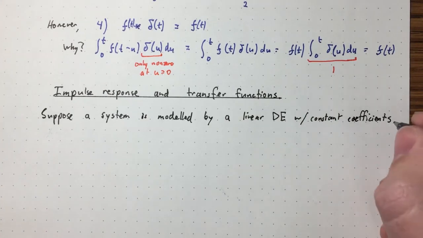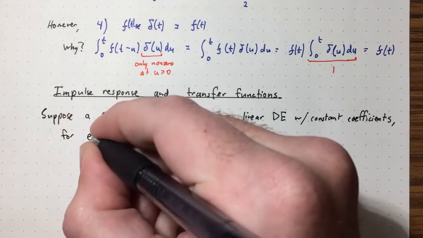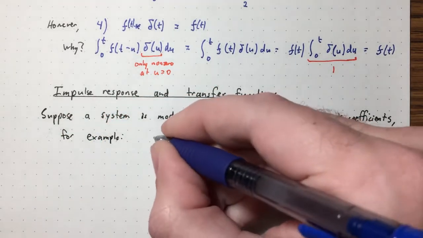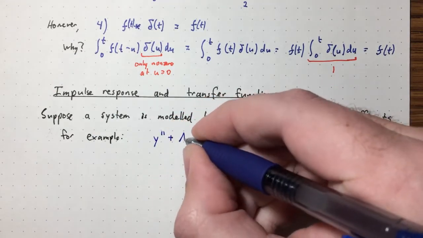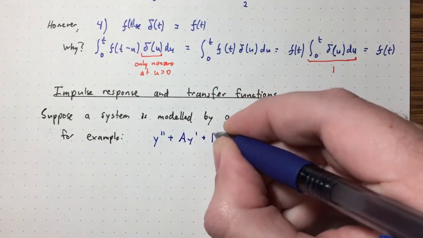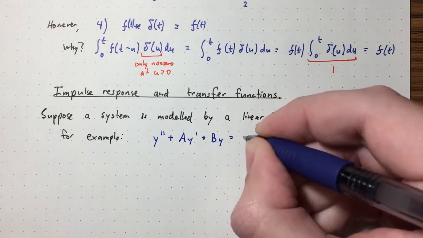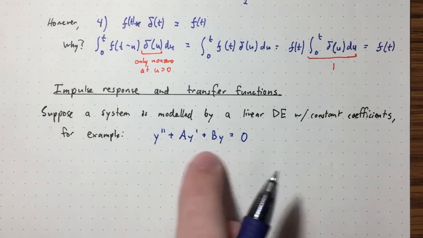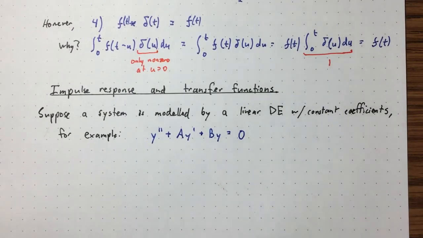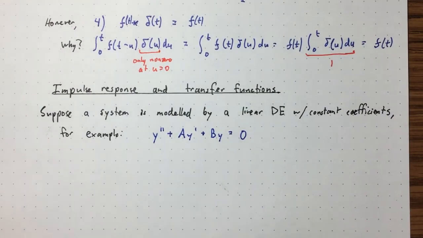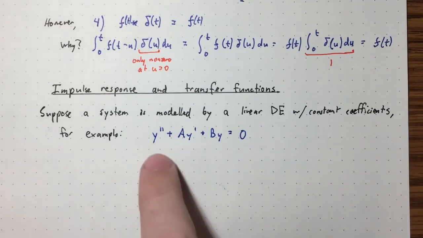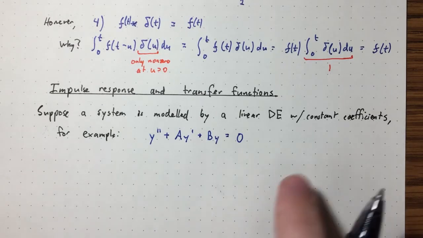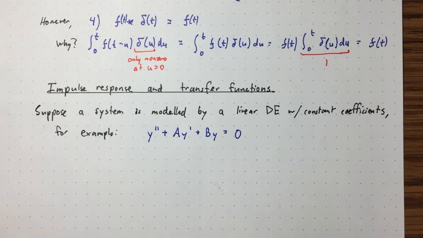Let's take one for example, a second order differential equation. We've seen a lot of those so far. y double prime plus a y prime plus b y equals 0. So let's say there's no external force, and this is just representing some kind of system. It could be a mass spring system, it could be a circuit, it could be any other system that can be modeled by a linear differential equation with constant coefficients.